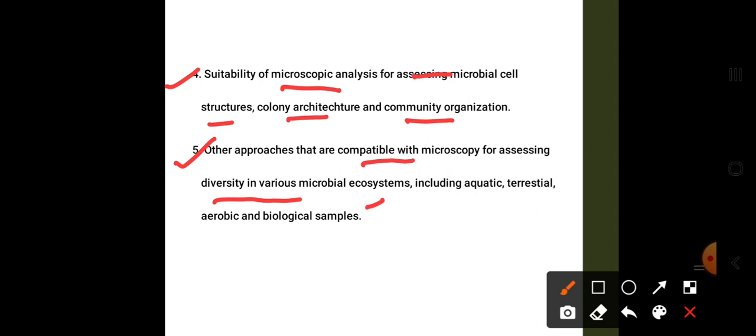The ecosystems include various aquatic ecosystems, terrestrial ecosystems, aerobic ecosystems and biological samples, which are studied using microscopes.